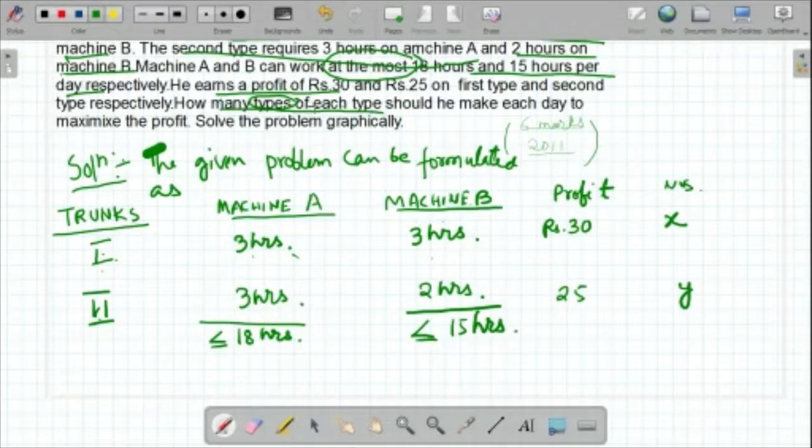How many numbers of each type, right? So that in order to maximize the profit.